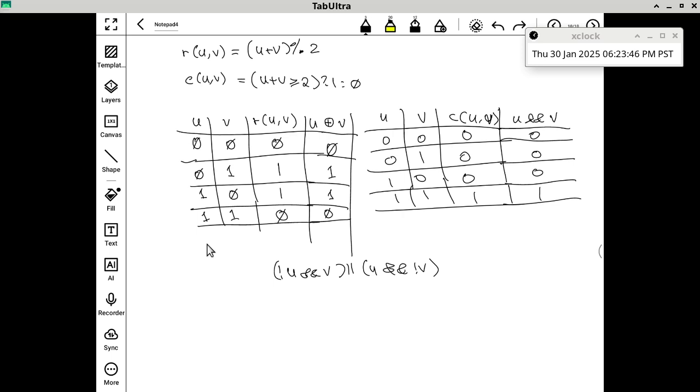Because everything that can be expressed as a logical NOT, AND, or OR, we know how to work out using transistors. More specifically, we know how to use NAND gates to emulate all of those logical operations, and we know how to use four transistors to implement NAND as a gate.